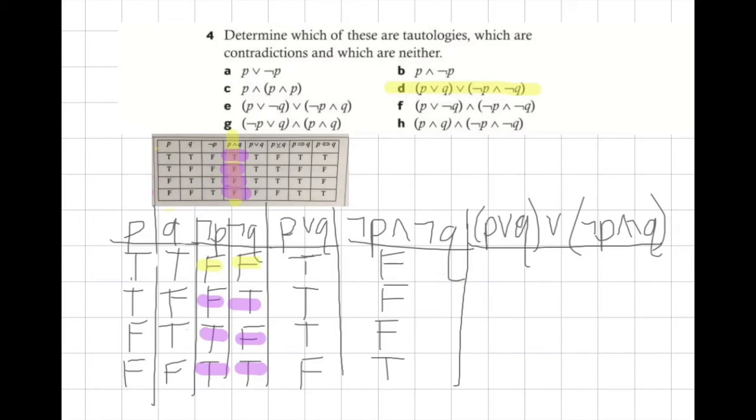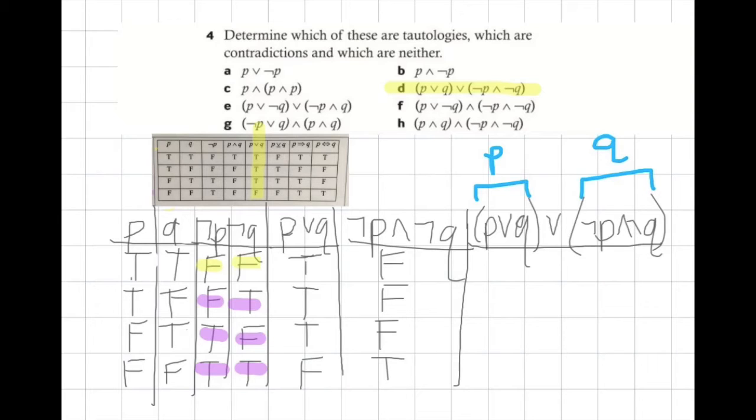So I'm still looking at this column here, the OR statement, where this statement here is P and this statement here is Q.